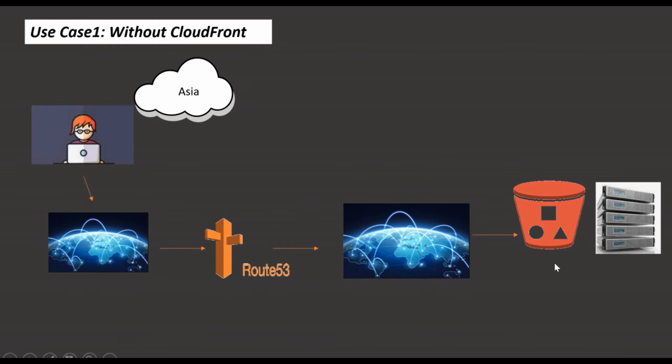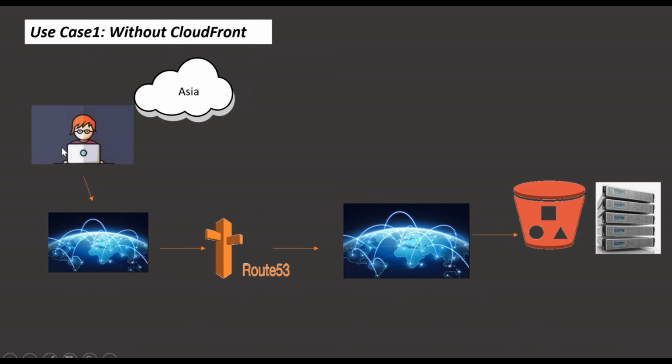But in such a process, when the user makes the request, that request goes through a complex network, which increases the latency. It is not possible that whenever the user makes a request, it directly hits our web server, which may be an S3 bucket, an HTTP web server, or an EC2 instance.